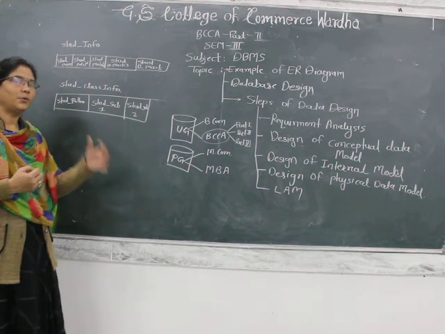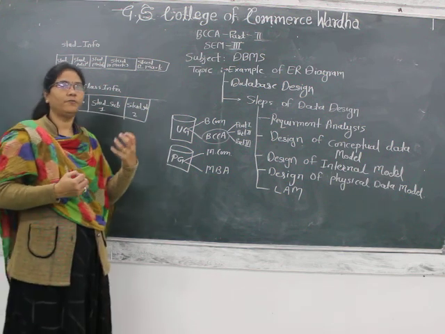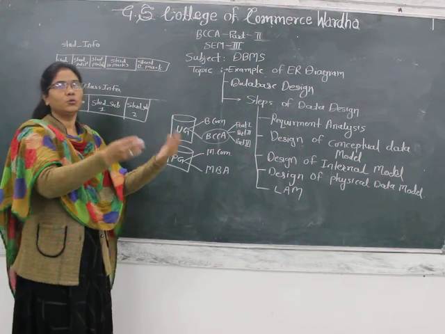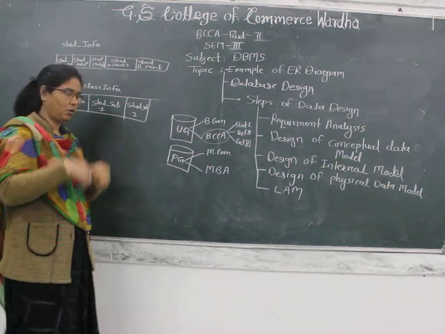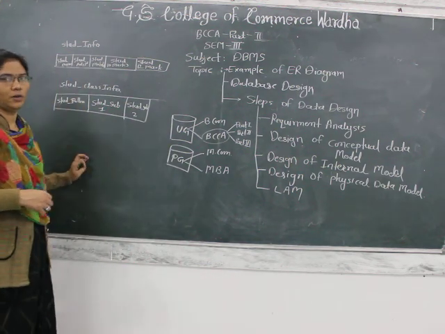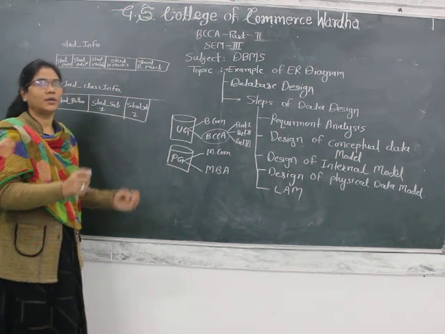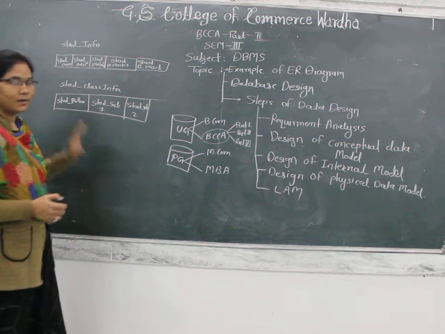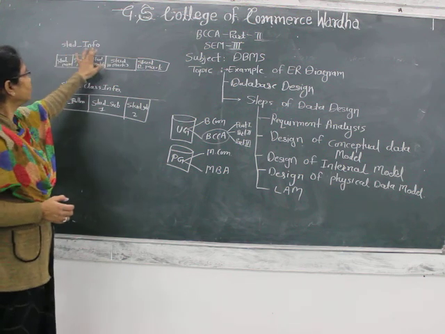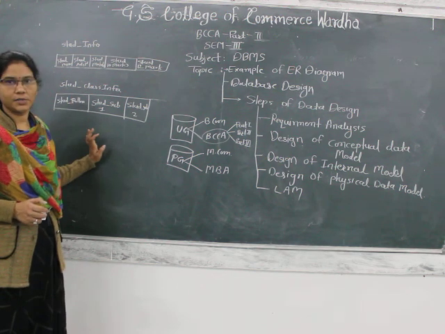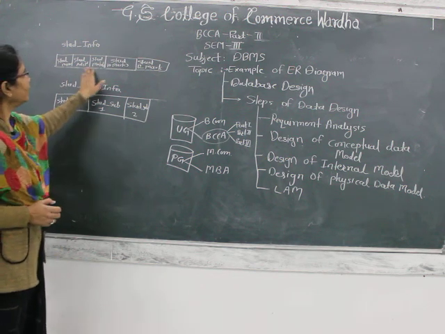So the report or whatever information I require afterwards, I get from this particular record. So I have to decide what data should be stored. So we are considering here stud info as an entity, and stud class info as another entity, having the attributes like this.